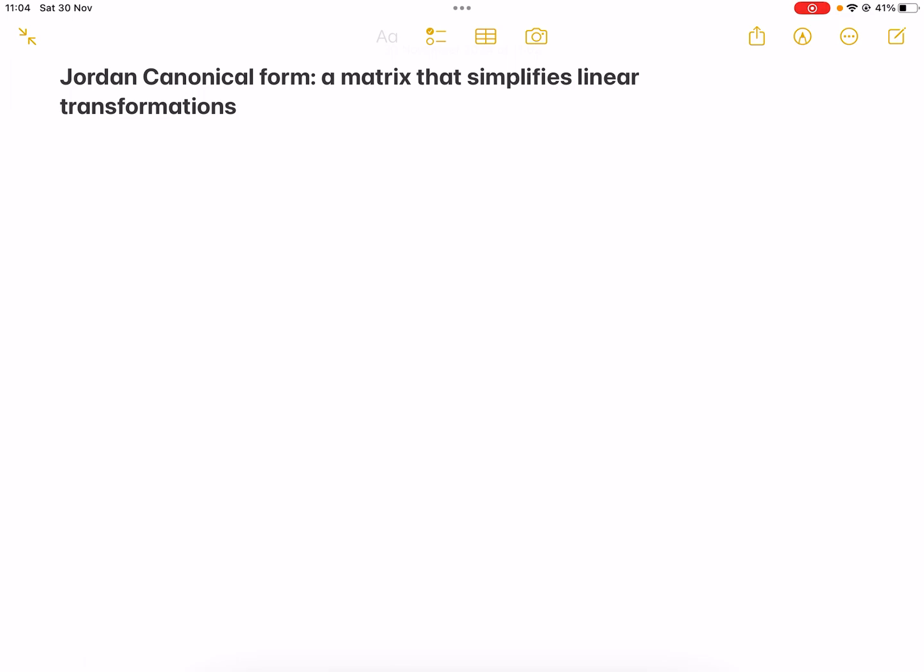Before we get into solving, let's quickly review what the Jordan canonical form is all about. The Jordan form of a matrix simplifies a matrix into a special form that reveals its underlying structure.